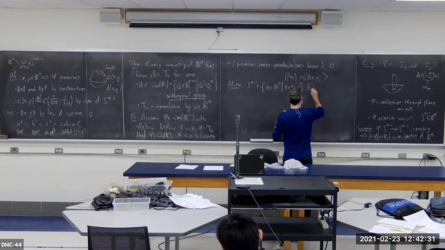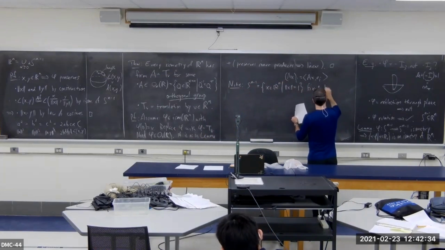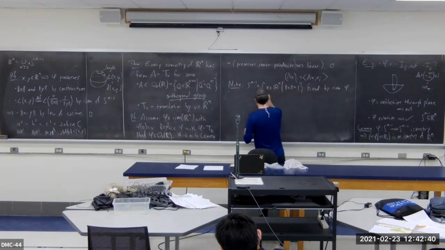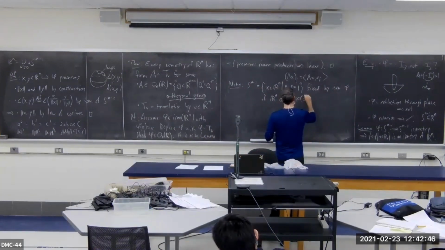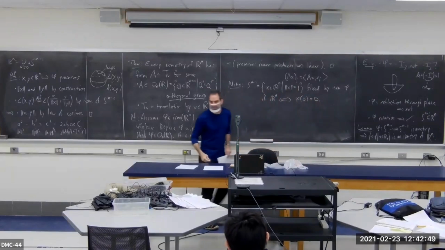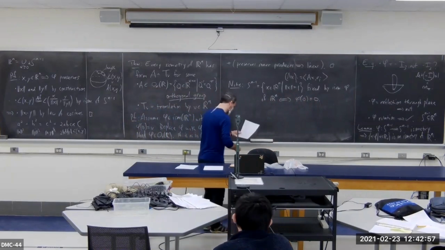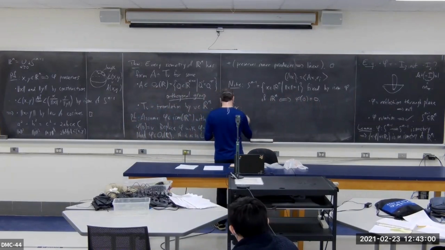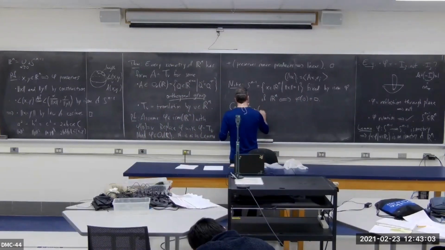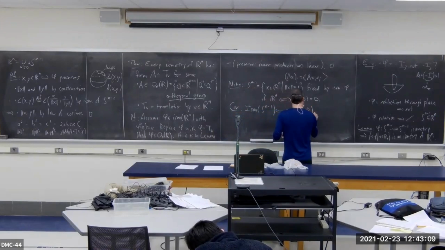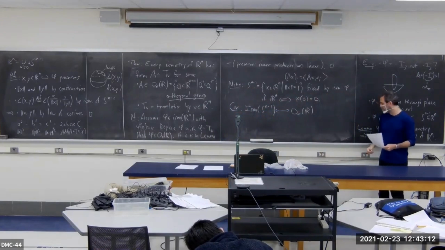That's fixed by an isometry phi of Rn if and only if phi of 0 is 0. So we're looking for the isometries of Rn that fix 0, otherwise known as orthogonal transformations. Corollary: isometries of Sn minus 1 are in bijection with orthogonal matrices. Good.